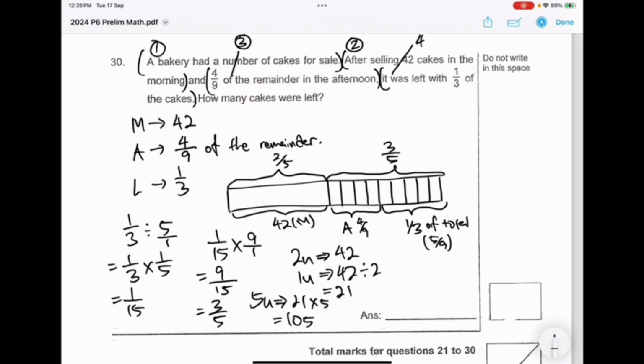Now they are asking us to find how many cakes were left, which is 1/3 of the total. So if my total equals 105, 1/3 will be 105 divided by 3, and that would give me 35. And this is your answer for question number 30.